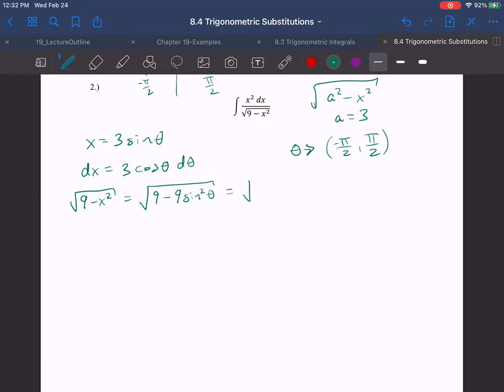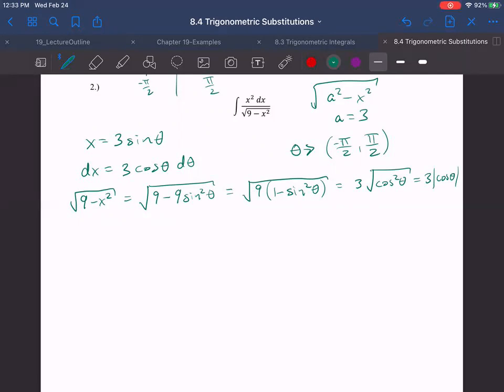And then this equals square root of 9 times 1 minus sine squared theta, right? And then this is square root of 9 is just 3, and then we're times the square root of 1 minus sine squared, which is what? Cosine squared theta. So we got the square root of cosine squared, right? So this is just 3 cosine theta. And yes, I put the absolute value for you again.